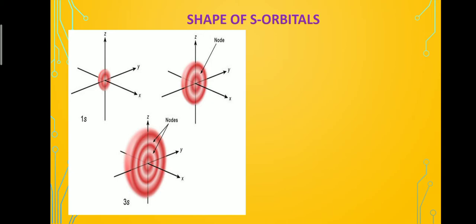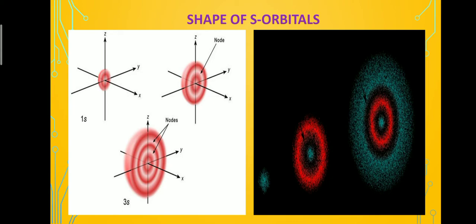So the electrons in the s orbitals are like a cloud, and the shape of the s orbital is spherical since it doesn't depend on angle theta or phi. So the s orbital is spherical in shape and we have a nodal plane there.